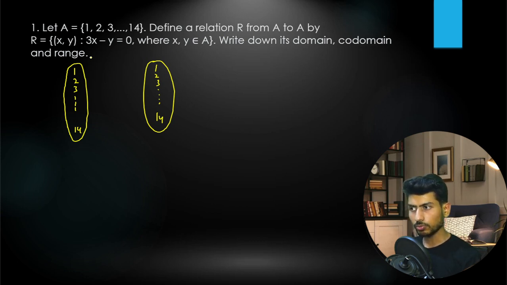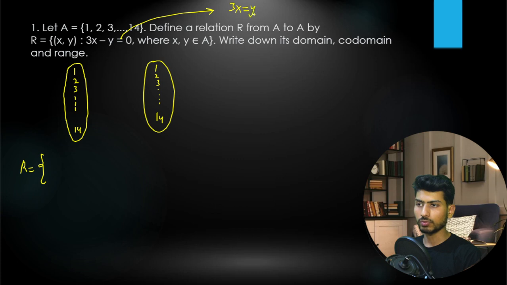Neither will they ask you to. Define a relation from A to B like this. So first of all, you have to define a relation. It means all the elements. So here you can see that if I equate 3x equal to y, then y will be 3x. So I can say that 1 will be mapped to 3 because y will be 3 multiplied by 1. Y will be 3.